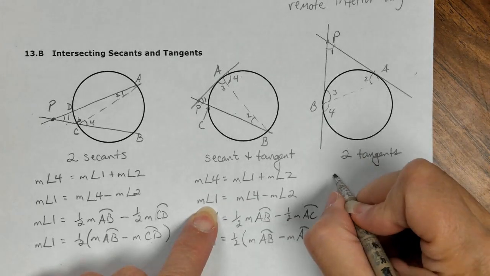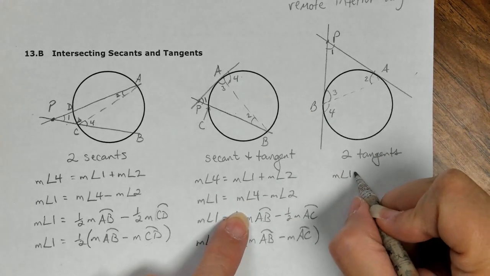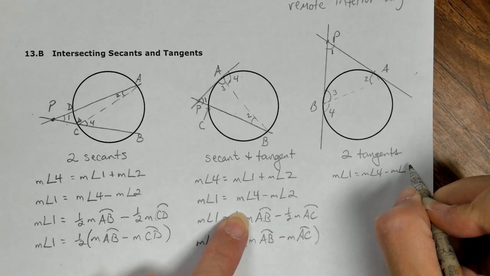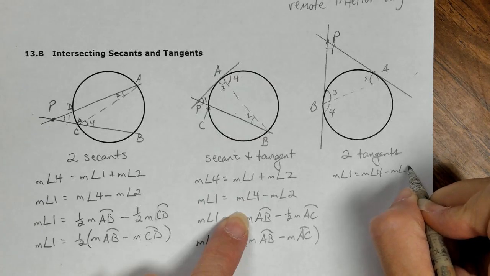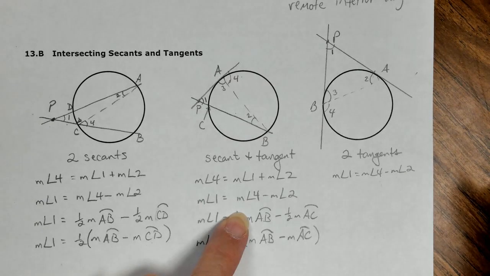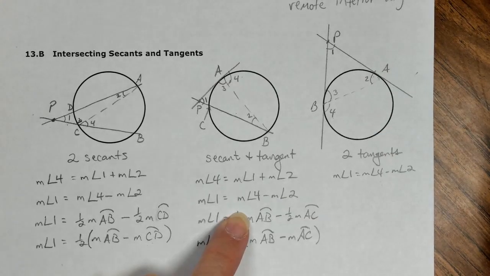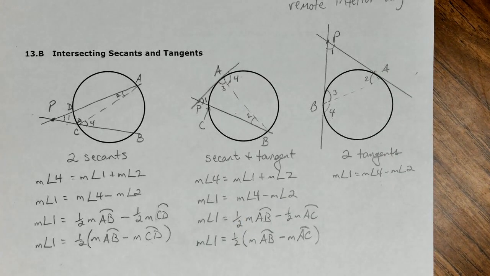Okay, so the measure of angle 1 is the measure of angle 4 minus the measure of angle 2 again. Okay, 4 is 1 plus 2, so 1 is 4 minus 2.